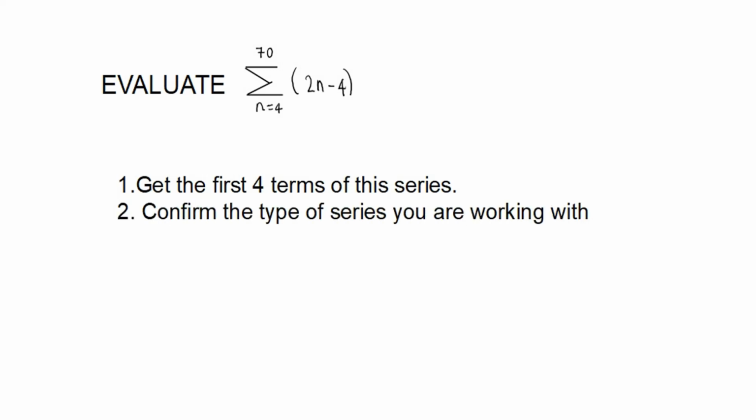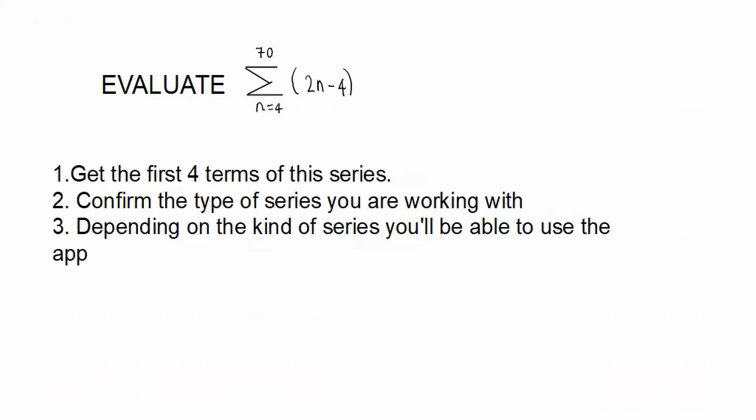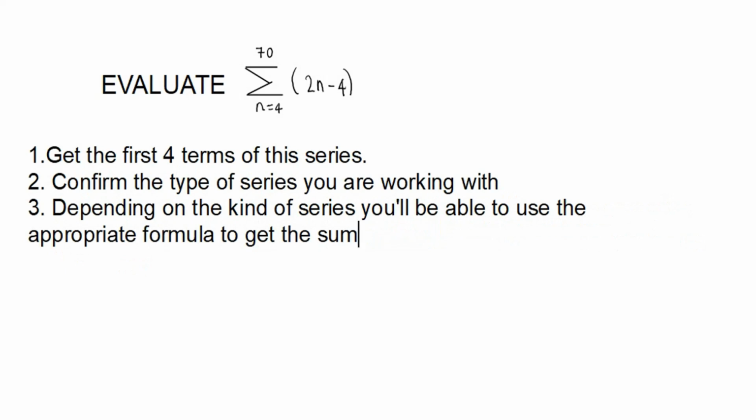Then lastly, depending on whether it is an arithmetic series or a geometric series, you will be able to determine which formula you can use for the sum of that series.